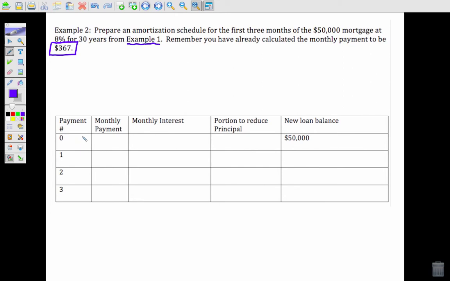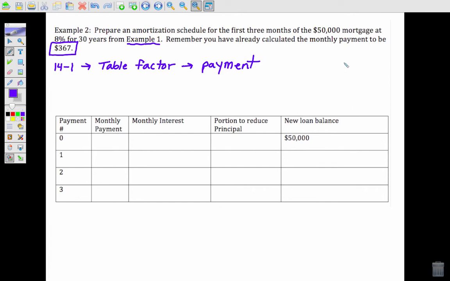If you do not know your monthly payment, you would need to use table 14.1 to get the table factor to get your payment. But we already know our payment, so our goal is to show you how to fill out the schedule.